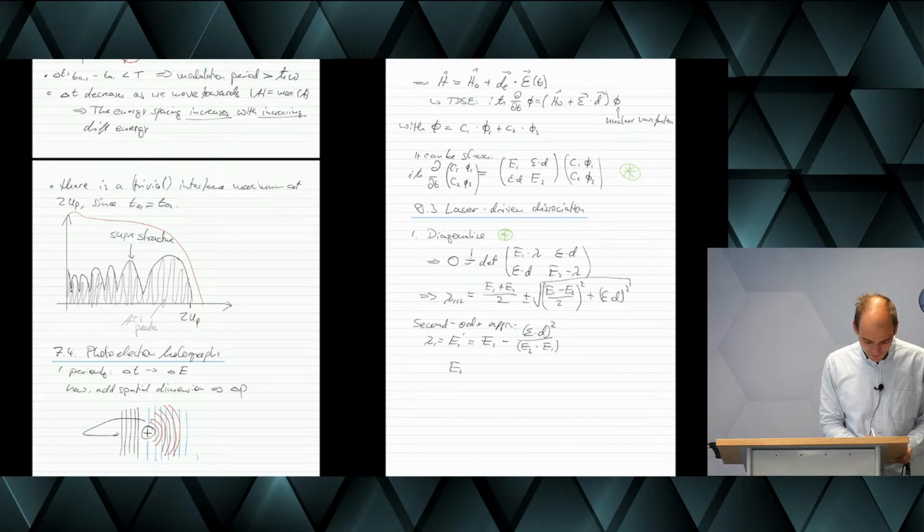And we have another one, E2 prime, that's E2 plus E times d squared over E2 minus E1. Sorry, these are, of course, the energies, not the field.